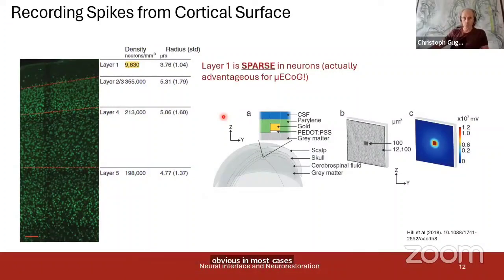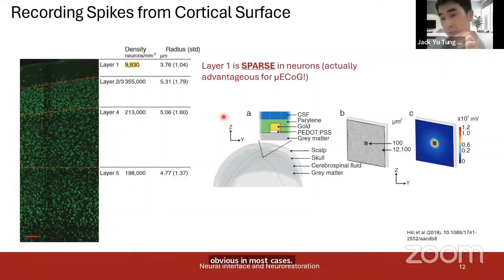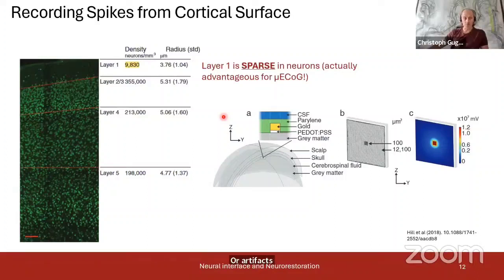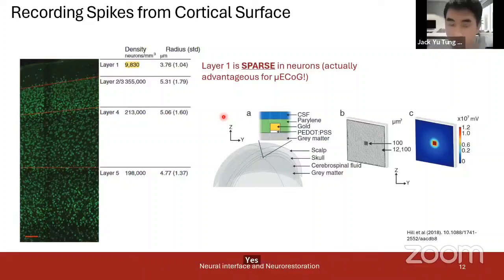Which artifacts do you see in your data? On surface recordings, you get movement artifacts and noise artifacts. For sure, movement artifacts, so we actually have to eliminate those recording epochs with large movement artifacts. Again, I feel that because we are using a wired setup, a lot of these movement artifacts come from the cable, so converting to a wireless setup may help reduce some of them.